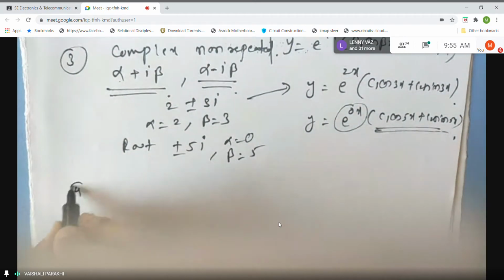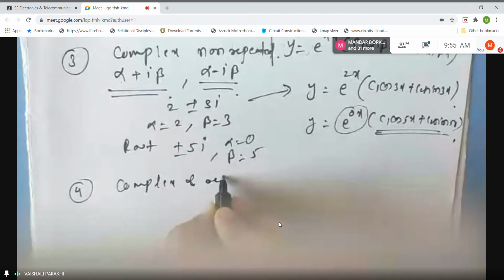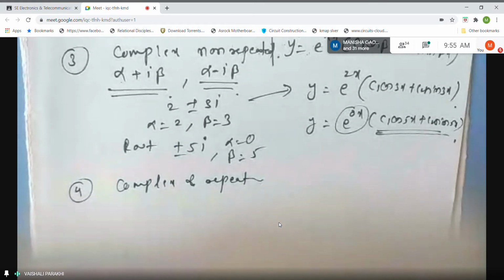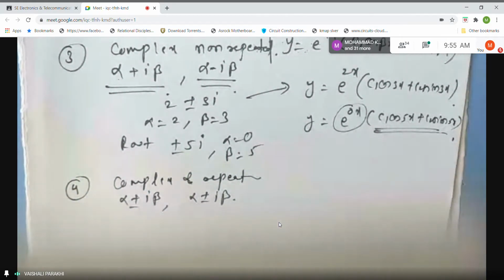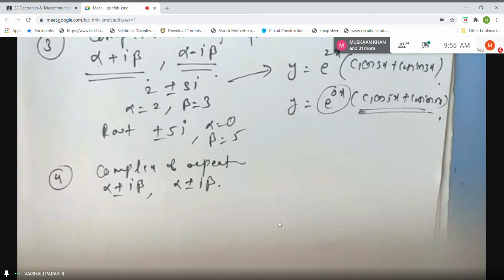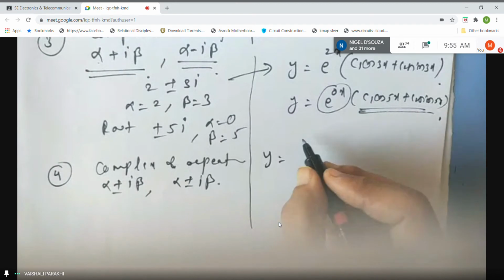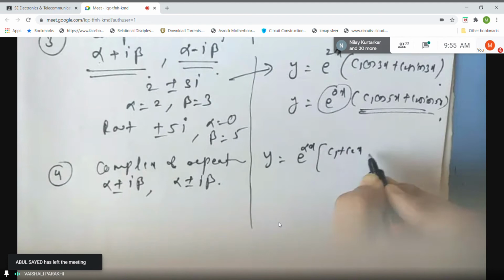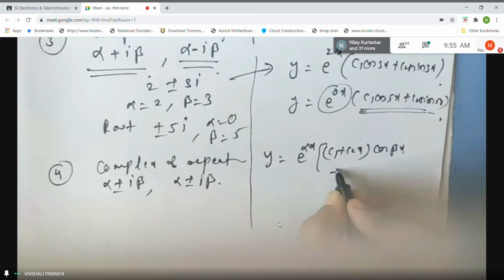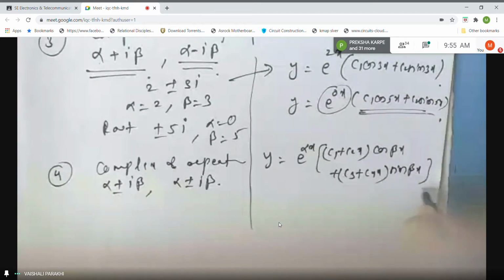And the last case was complex roots and repeated. It may happen that the roots alpha plus or minus i beta are repeated twice, because if the order of the equation is 4 and you are getting repeated roots, then the solution will be e^(alpha x) [(C1 + C2x) cos beta x + (C3 + C4x) sin beta x].